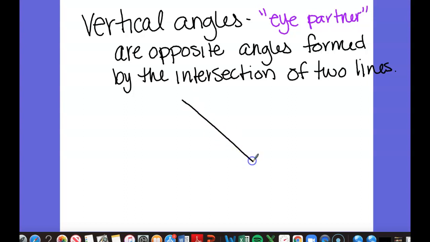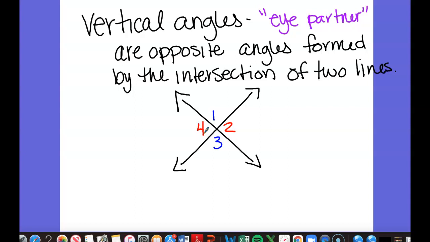So if we have two lines that intersect, like this, angle 1 and angle 3 are vertical angles because they form straight across from each other. So they look at each other. And then angle 2 and angle 4 are also vertical angles because they look straight across from each other. They're eye partners.